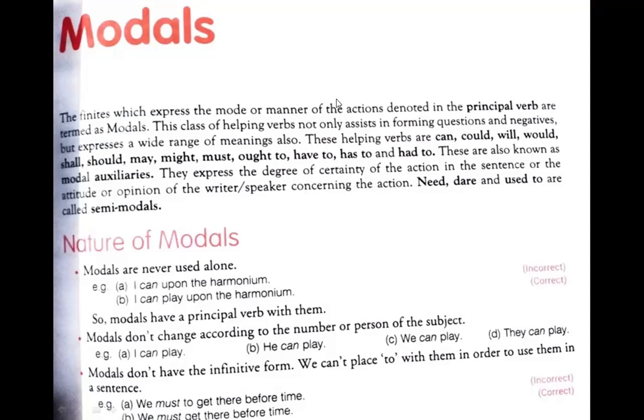This will get only the bare infinitive, right? Infinitive simple is called to plus first form. But with must, we need the bare infinitive. Bare infinitive means the base form of the verb is required. We must get there before time. That is the absolutely correct form of the verb to be used with the modals.